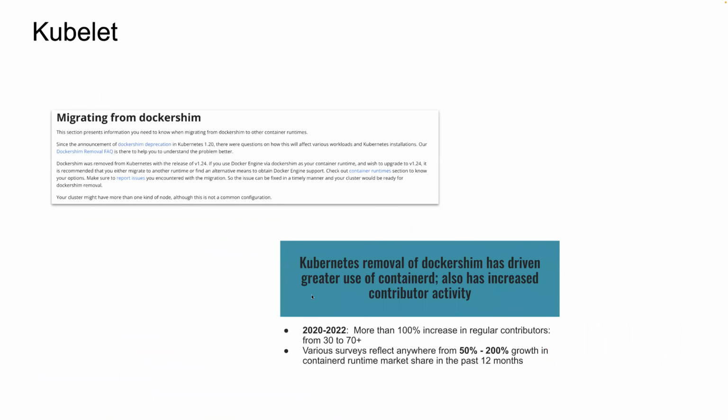And then of course we have Kubernetes kubelet as the other major client of Containerd. And obviously there was some big news in the last year that's pushed a lot of usage onto Containerd, but it's also increased a lot of contribution. It says here 100% between 2020 and 2022. If I pull up DevStats, I think it's reflected in a lot of the different stats that show up, from PRs opened to issues.